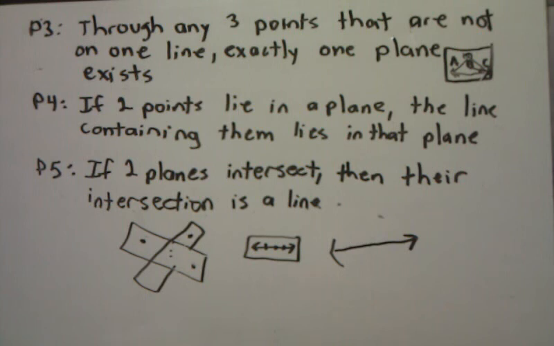Number 4. Select the postulate that specifies the minimum number of points in space. Look at your paper. Which postulate specifies the minimum number of points in space?